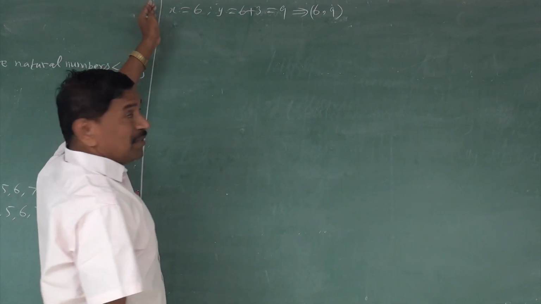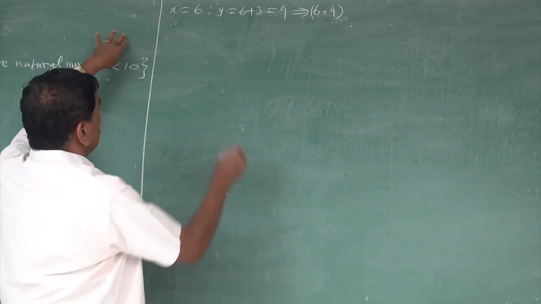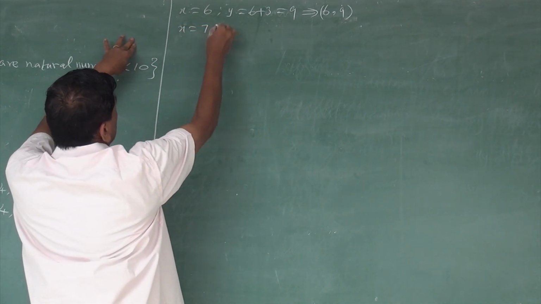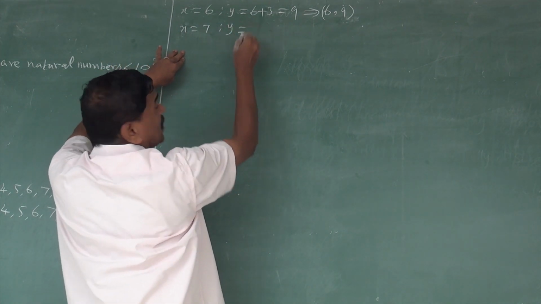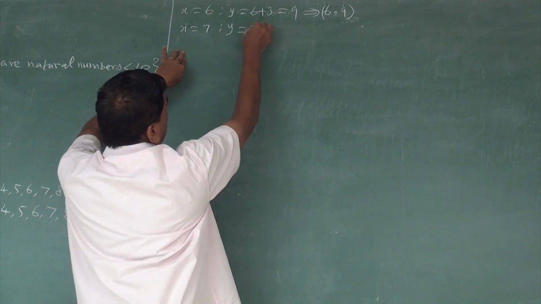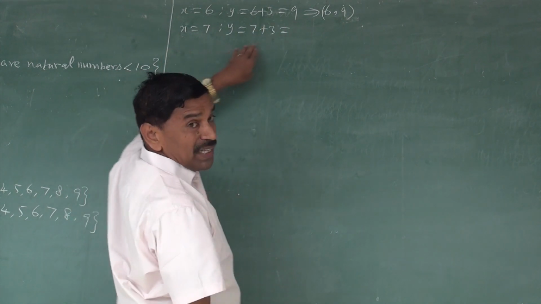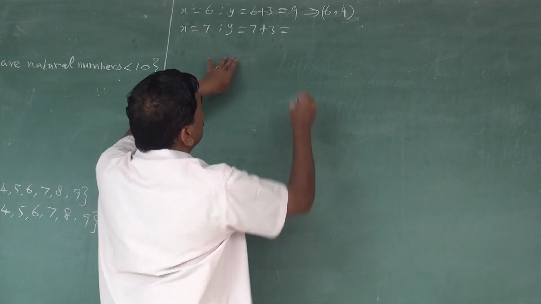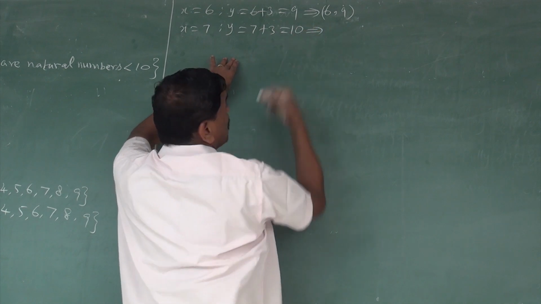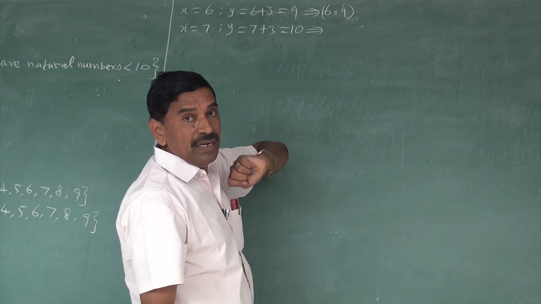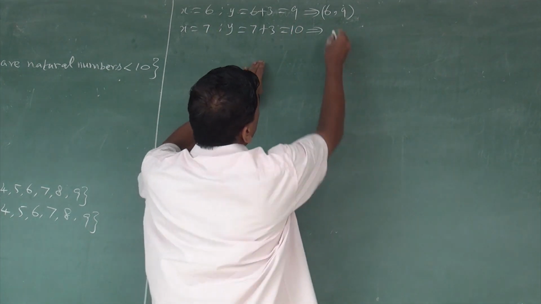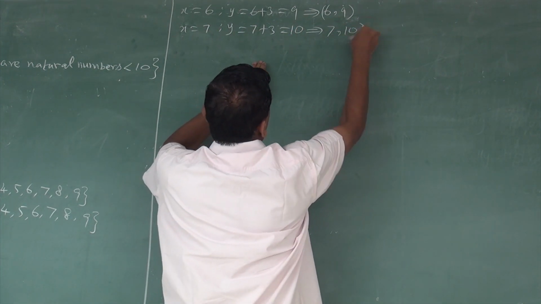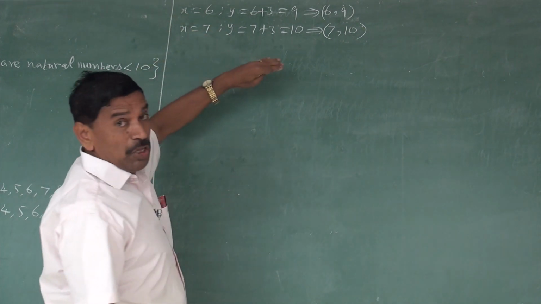Okay, next x value? 7. When x equal to 7, y is equal to 7 plus 3, which is 10. Whether the ordered pair is possible? Yes, 7 comma 10. Okay, next x value?